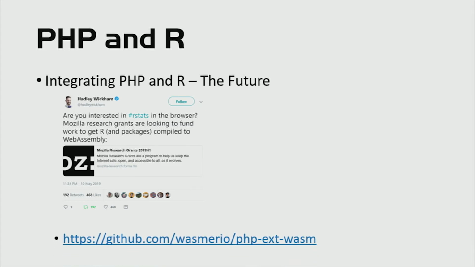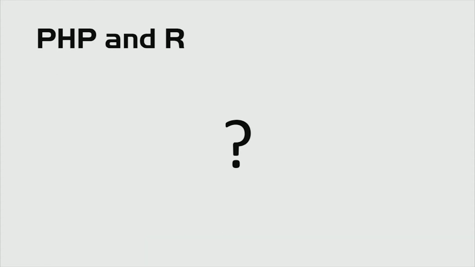Then you'll be able to use a tool like a PHP extension for WebAssembly to call it directly. And I'm really looking forward to playing with that. If it happens, and I hope it does, because that will be damn cool, it'll be a lot faster than making curl requests, a lot faster than using exec. And I just like playing with these things.